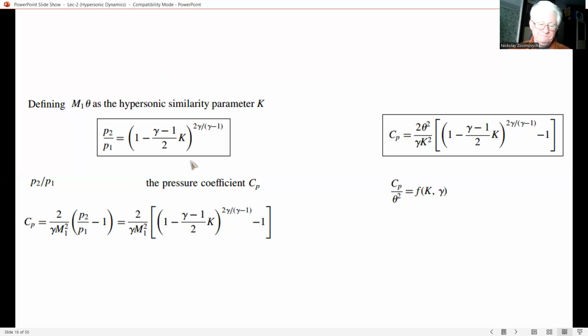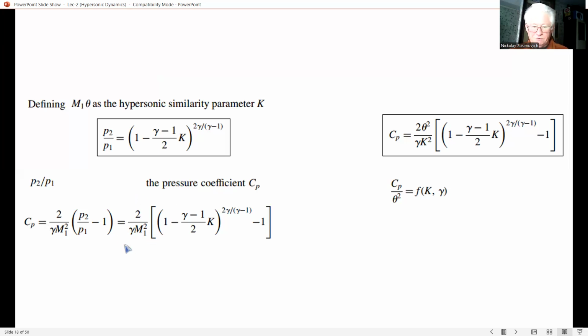And finally, the pressure coefficient Cp from our previous equation gives us this large expression: Cp equals 2 over gamma M1 squared times, in parentheses, P2 over P1 minus 1. Or we may rewrite it in the next expression.